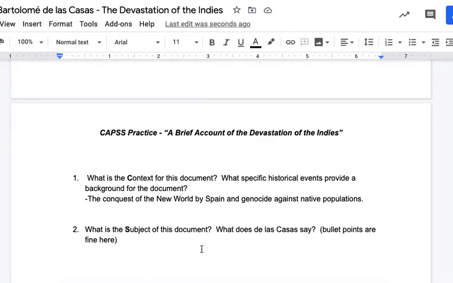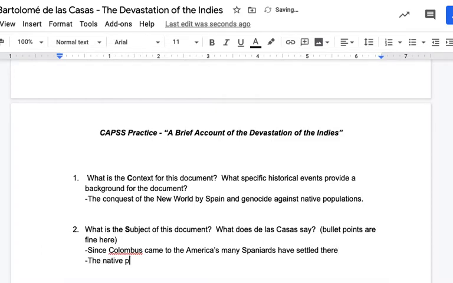What is the subject of this document? Like, what does it actually say? Since Columbus came to the Americas, many Spaniards have settled there. The native people are good.